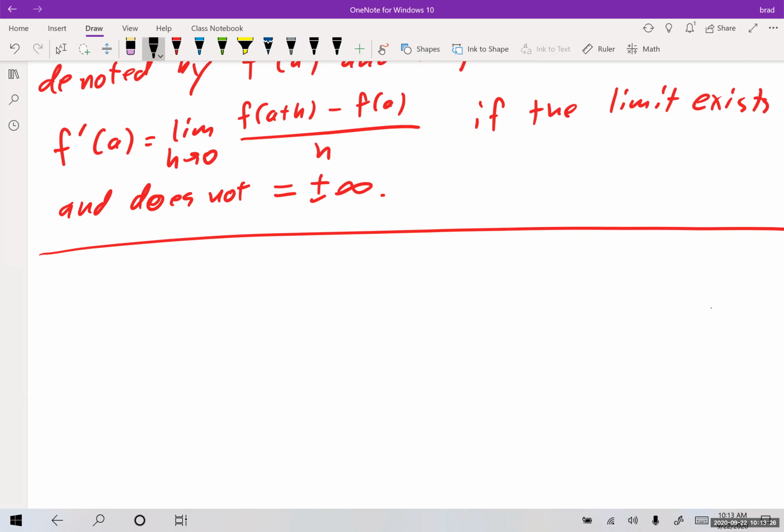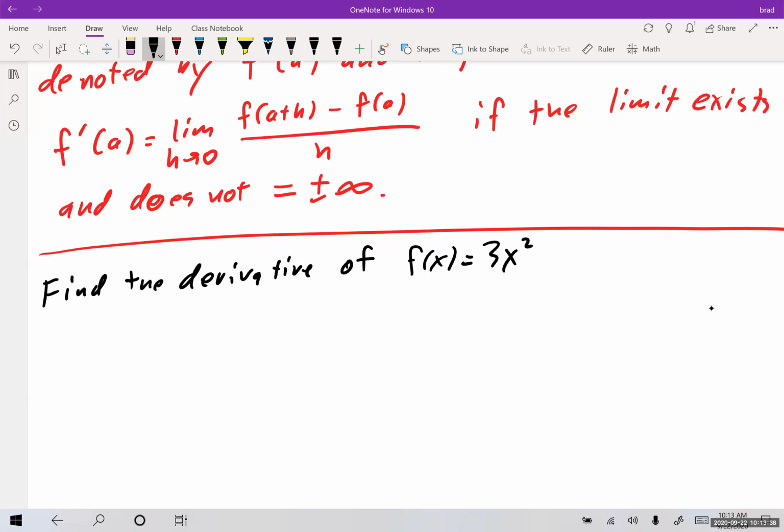So let's suppose that I say find the derivative of f of x equals 3x squared at x equals 1. So my a is 1, right?